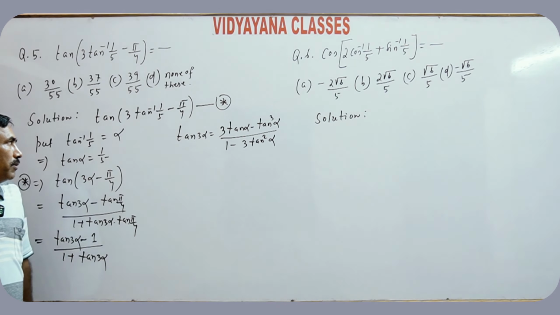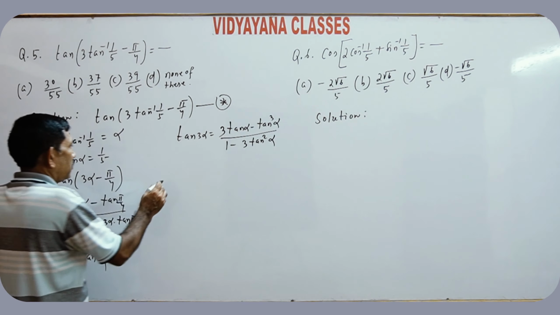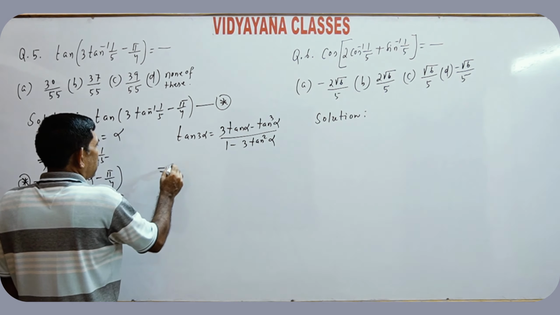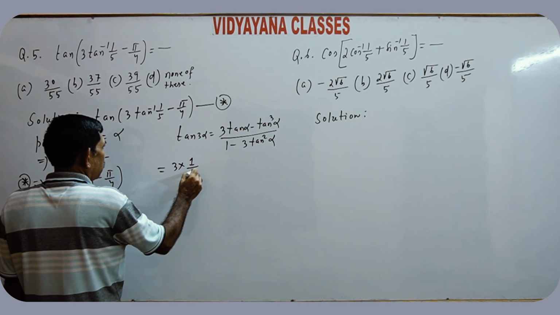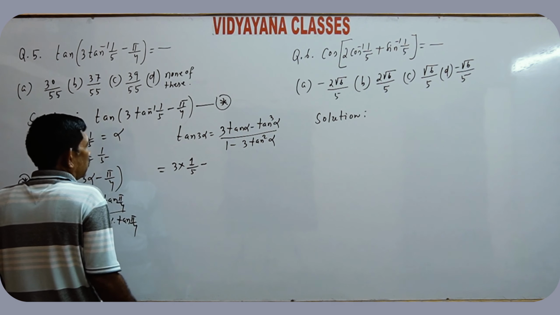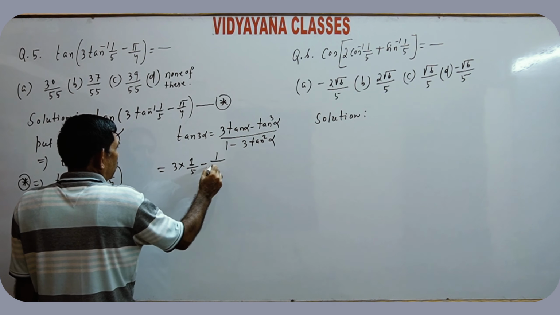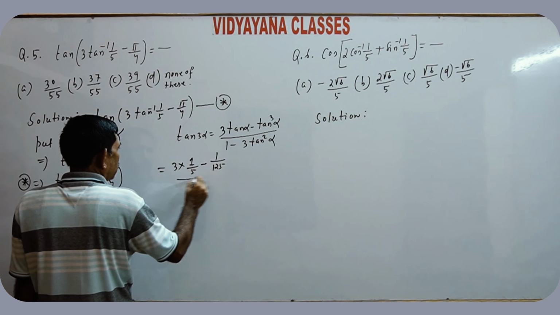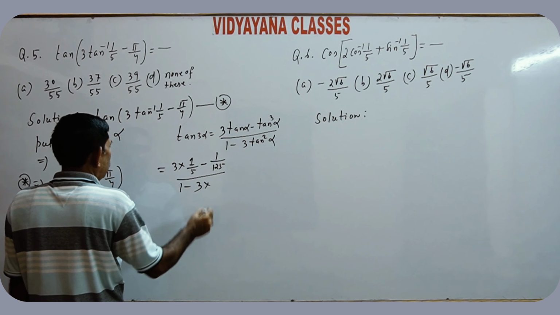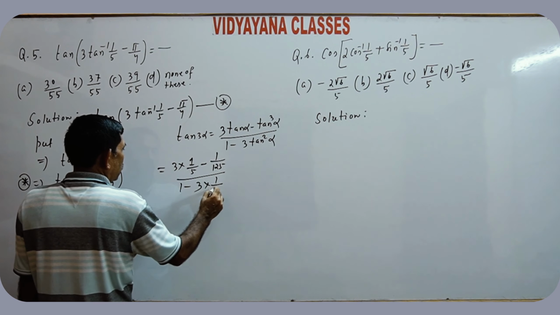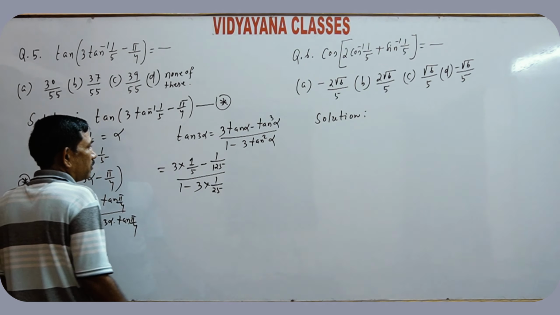It is the formula for tan 3 alpha. Tan alpha is equal to 1 by 5, tan cube alpha is 1 by 125, and tan square alpha is 1 by 25.